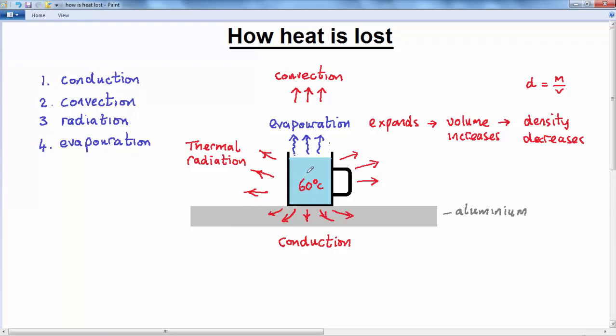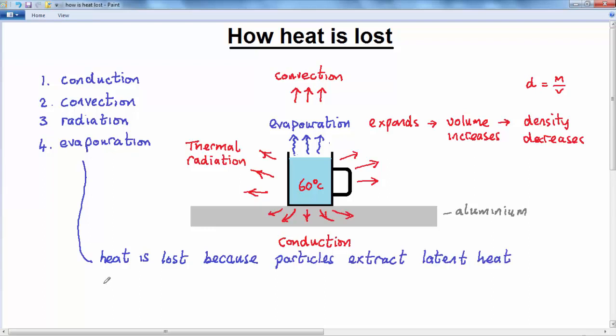So the cup of tea cools down as a result of that, because the particles are extracting latent heat from the tea, enabling them to evaporate. Let's just make a note of that. So we can say heat is lost because the particles extract latent heat as they evaporate. This process here really refers just to heat loss from liquids.